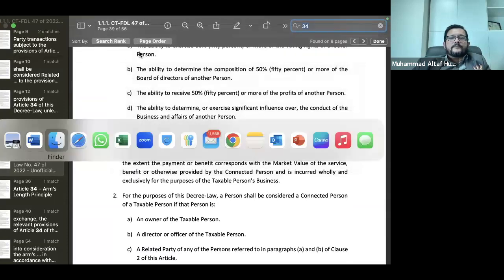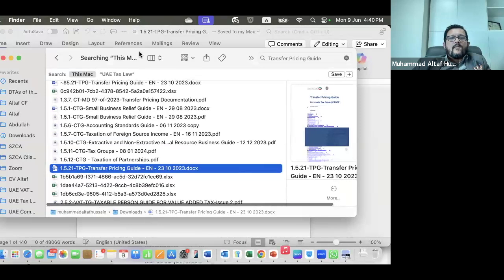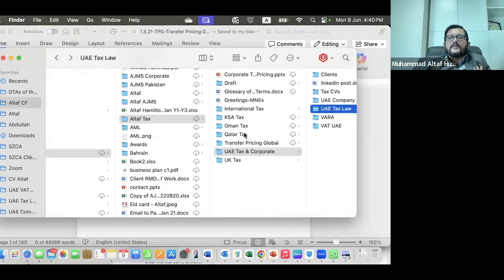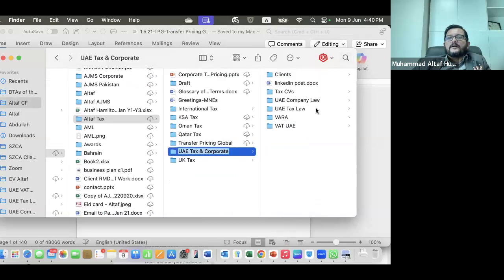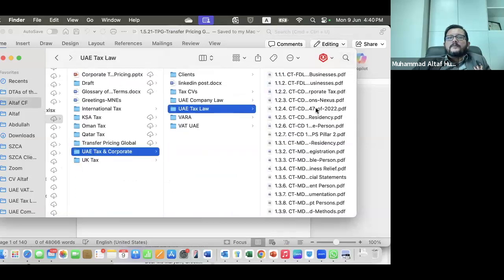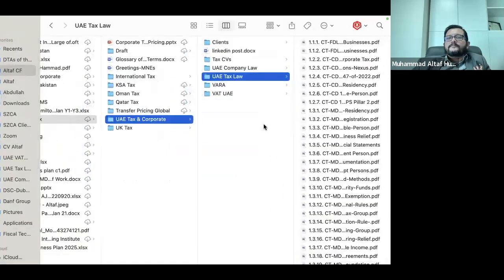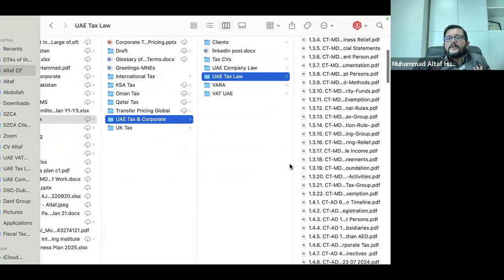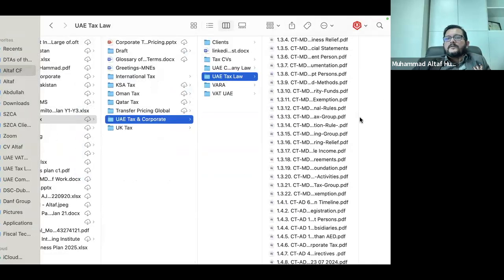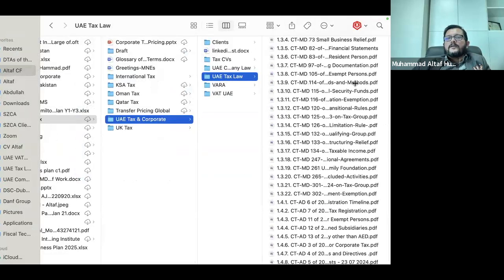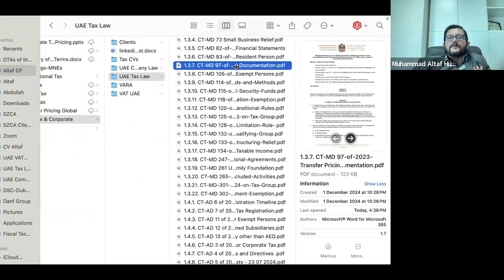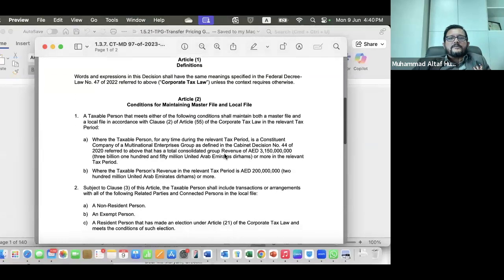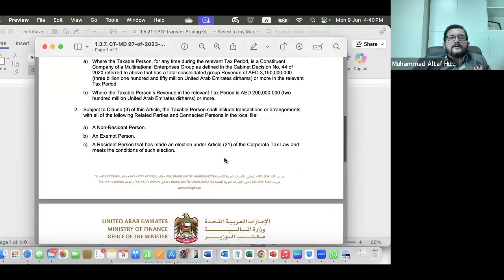We were looking at a decision recently, if you remember. Transfer pricing documentation, MD 97, right? We were looking at MD 97 earlier on. I remember that they have cross referred to a guide or something.